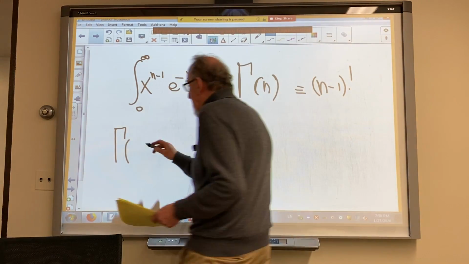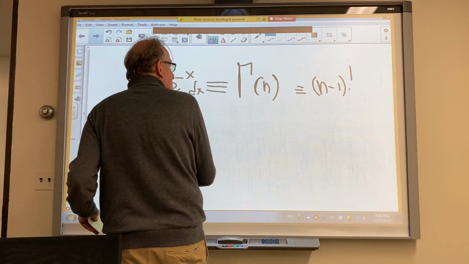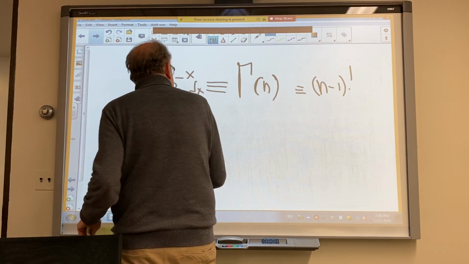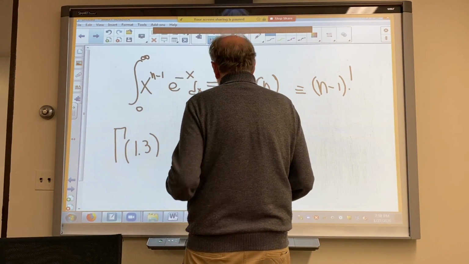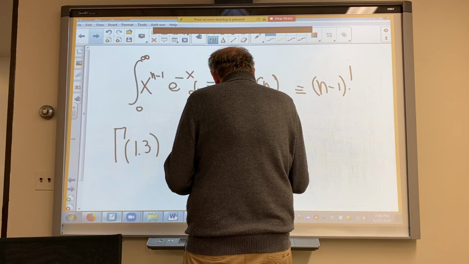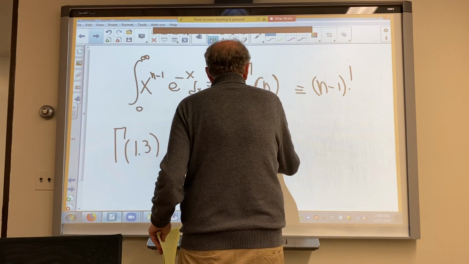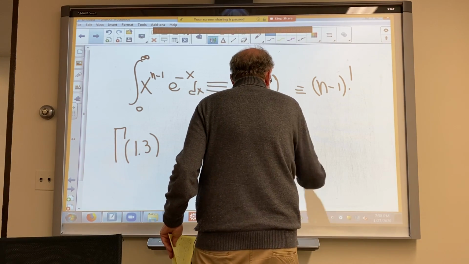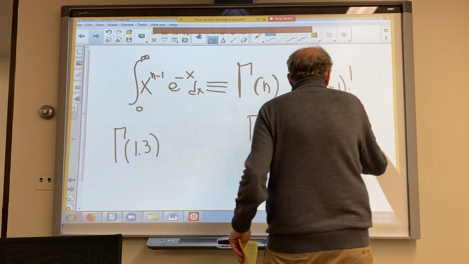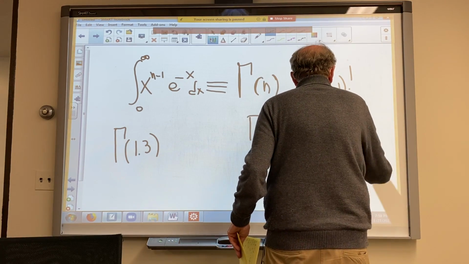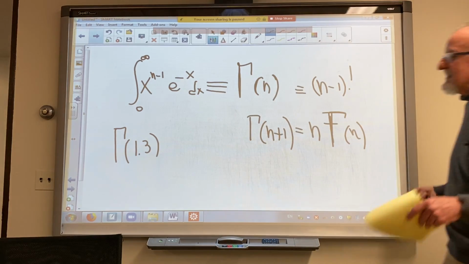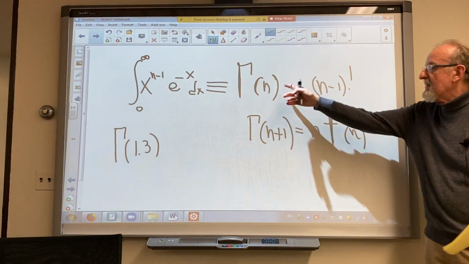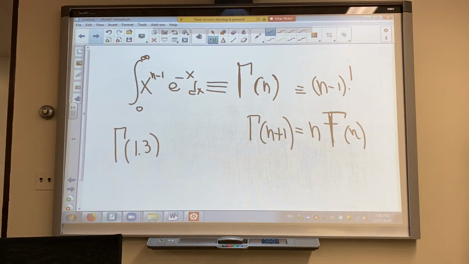You see, because gamma of 1.3, according to that formula, so the main property here, obviously, is that gamma calculated at n plus 1 is n times gamma of n. Okay? That's the main property that defines the gamma function. You can define it through the integral, or you can define it like this.